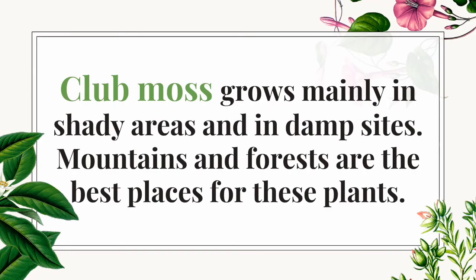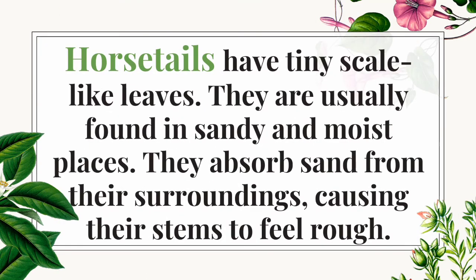So club moss grows mainly in shady areas and in damp sites. Mountains and forests are the best places for these plants. Siguro ito yung nakikita natin na parang lumot kung tinatawag na ating mga magulang. And the horsetails have tiny scale-like leaves. They are usually found in sandy and moist places.